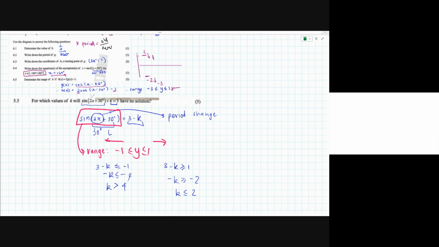In this case, I had to go back to what the sine function's manipulations were, understand where it has solutions, so what its range is, and then extend past that range in order to get no solutions. I hope that makes sense. If it doesn't, just let me know. Essentially, we need to go back to the range of sine 2x plus 30, and then when we move outside of that range, where do we end up?